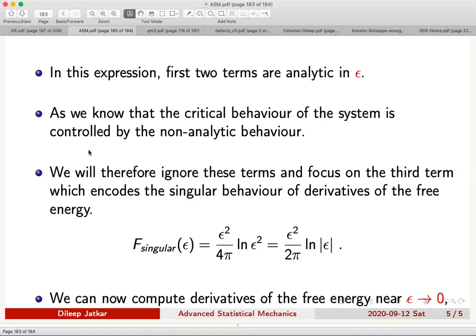If you want to go further, there is a book by Barry McCoy and T.T. Wu called Two-Dimensional Ising Model. It's a 600-page book trying to just solve the two-dimensional Ising model in various possible limits. And in spite of that, it is still a subject of research.